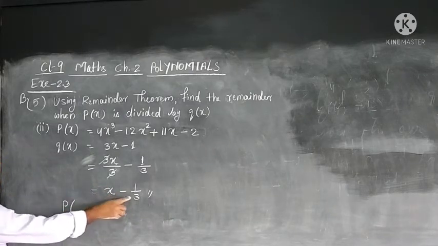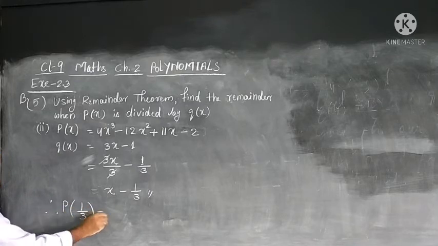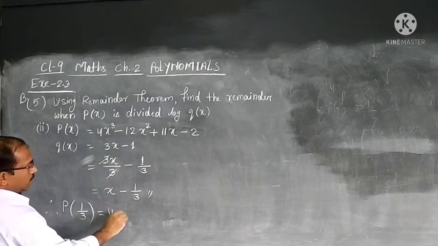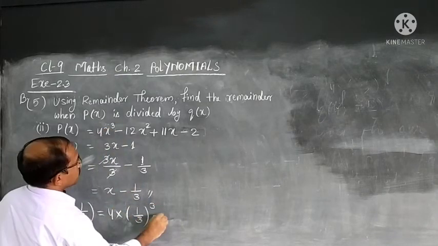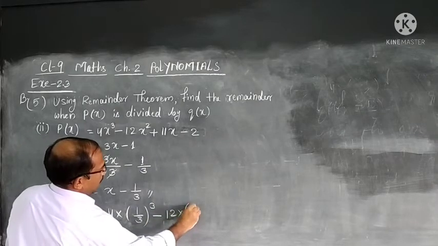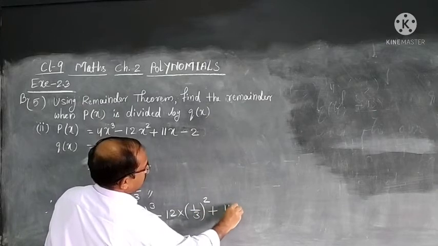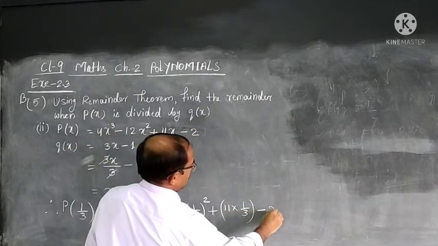P(1 by 3). So, we are now using 1 by 3 in place of the variable x in the polynomial. So, 4 into 1 by 3 whole cube, minus 12 into 1 by 3 whole square, plus 11 into 1 by 3, minus 2.